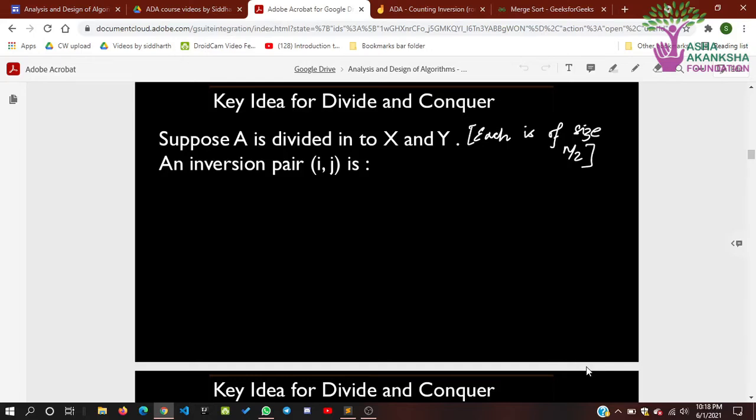First of all, before everything else, what might be a key idea for the divide and conquer algorithm? We are given an array, and how do we go about solving this particular problem for it?